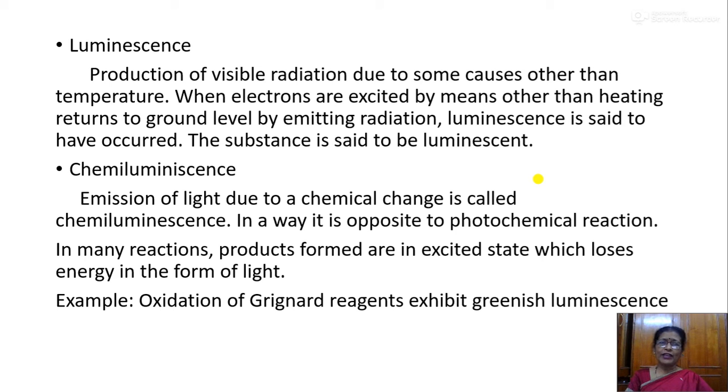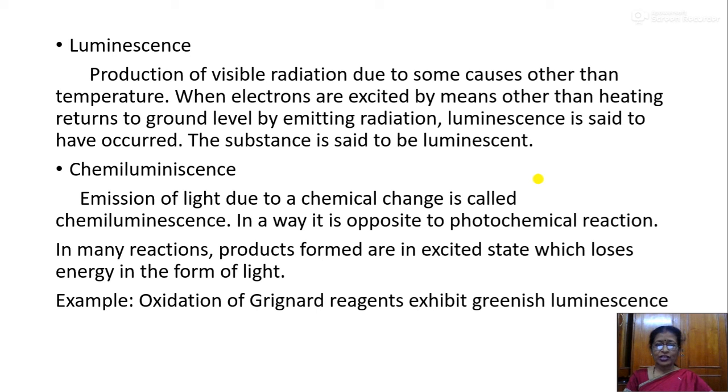What is luminescence? The production of visible radiation due to causes other than temperature. When electrons are excited by means other than heating and return to the ground level by emitting some sort of radiation, luminescence is said to have occurred. The substance is said to be luminescent. Then chemiluminescence.